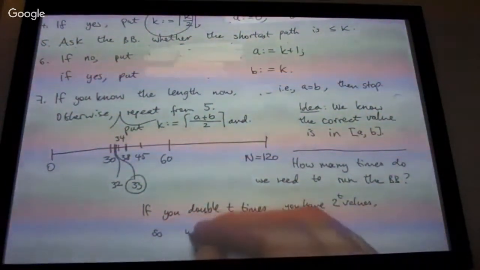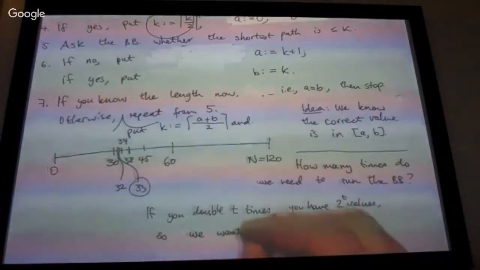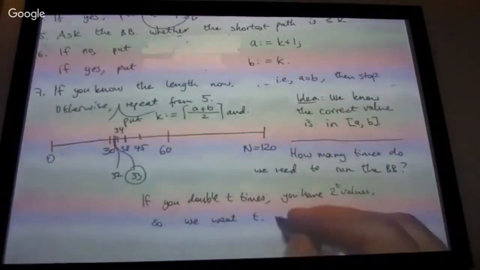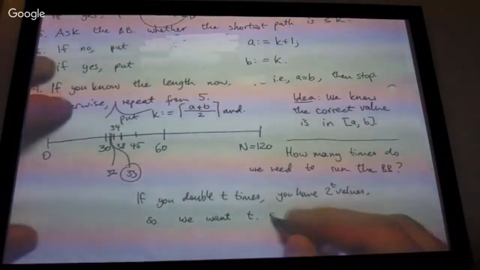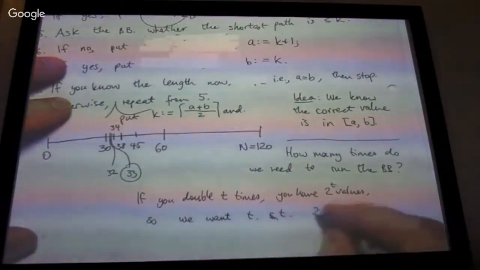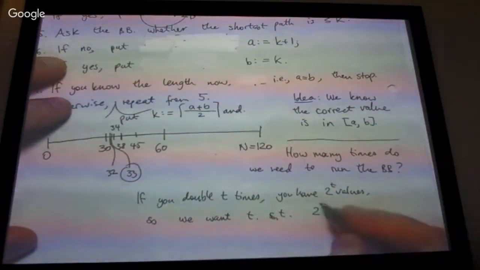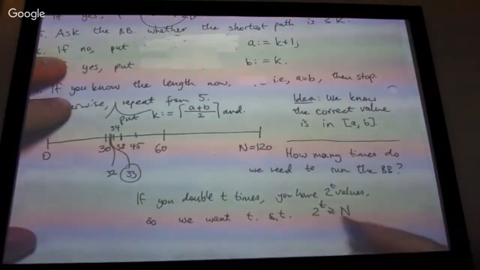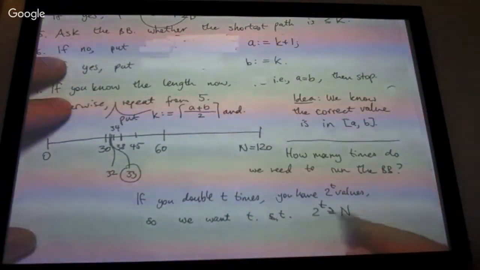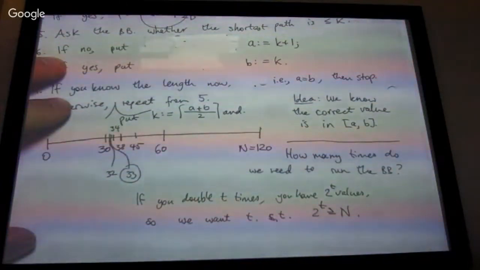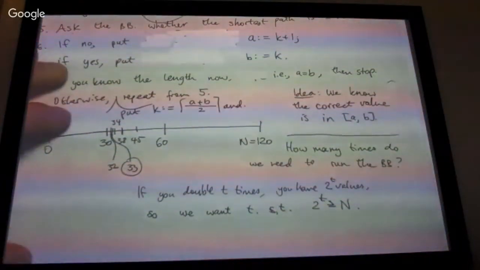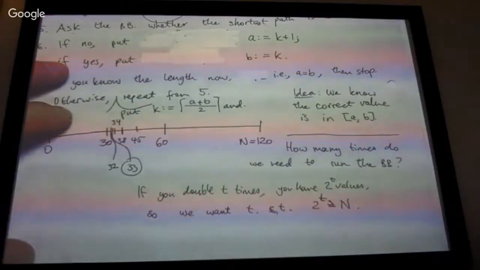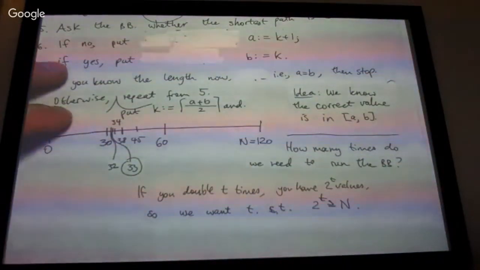So we want t such that 2 to the t is greater than or equal to, let's say equal to, n. I was working it forward. So what is the t?